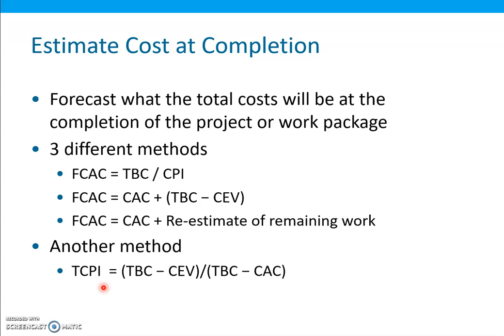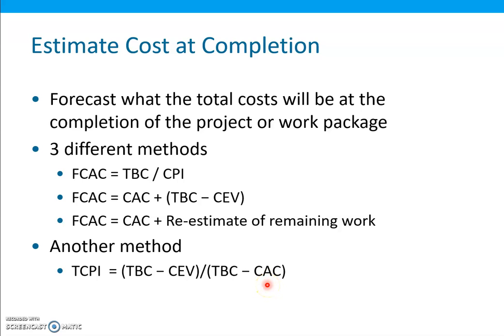So this formula is total budgeted cost minus the cumulative earned value, which is the amount of work remaining, divided by total budgeted cost minus the cumulative actual cost.